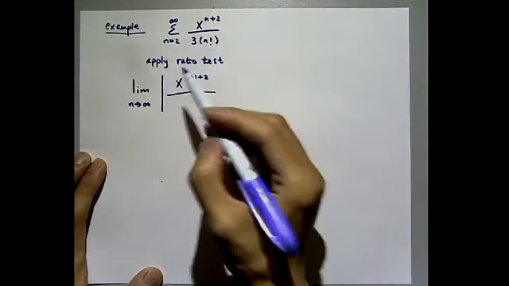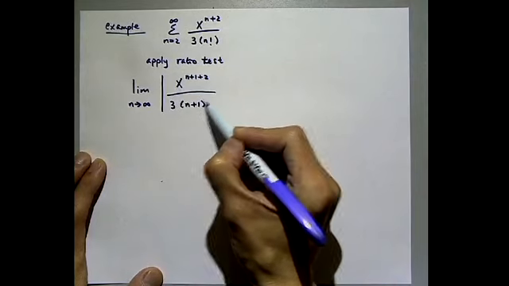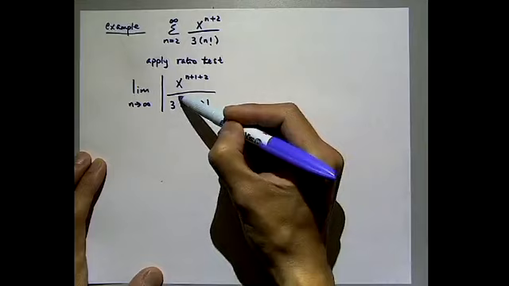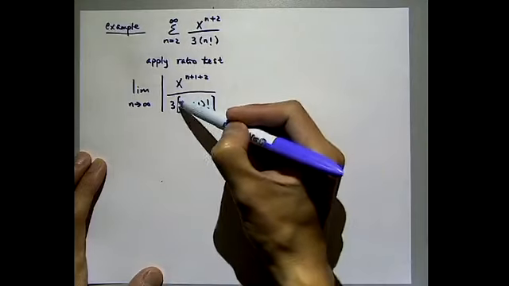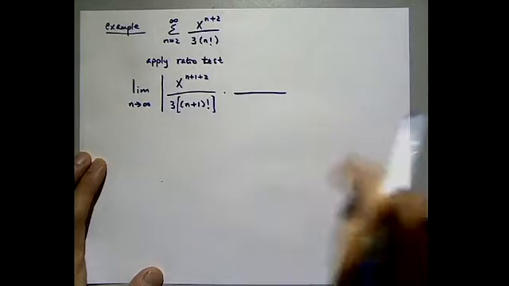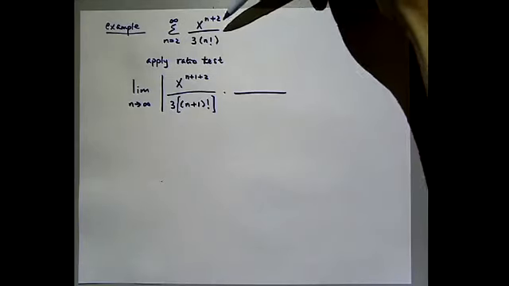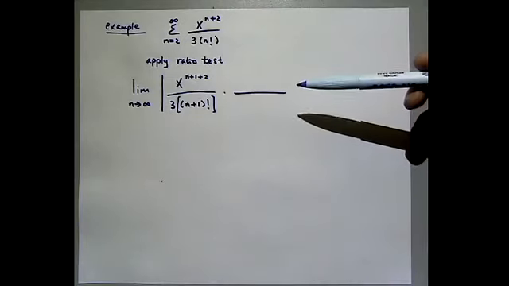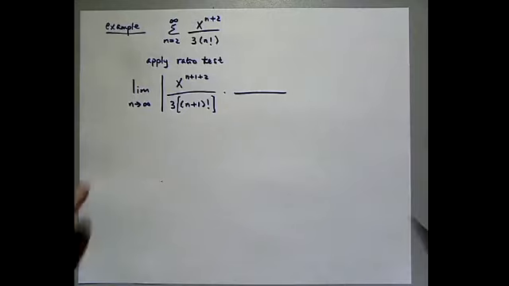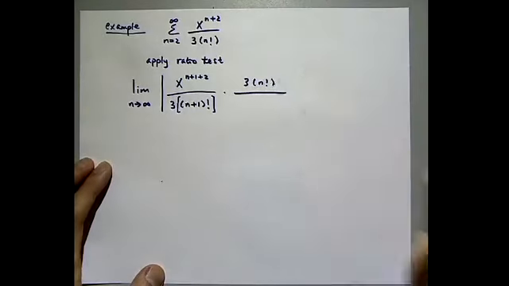And then downstairs is 3 times n plus 1 factorial, right? So that takes care of the n plus 1th term in the series. Now we divide by the nth term, or multiply by the reciprocal of the nth term.